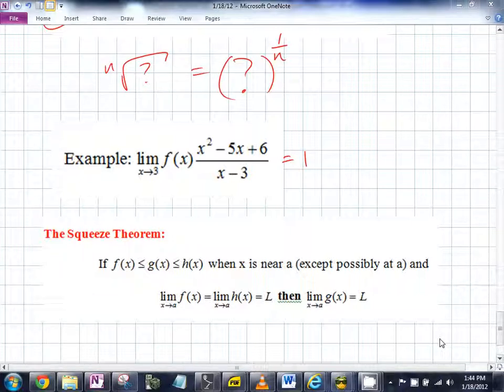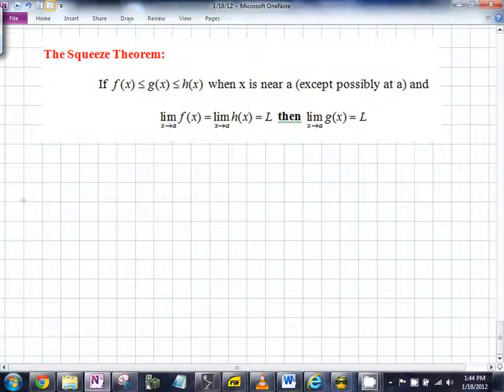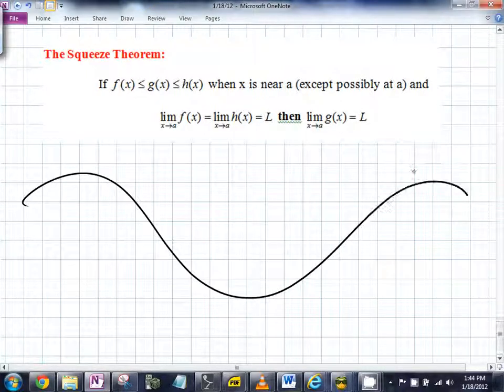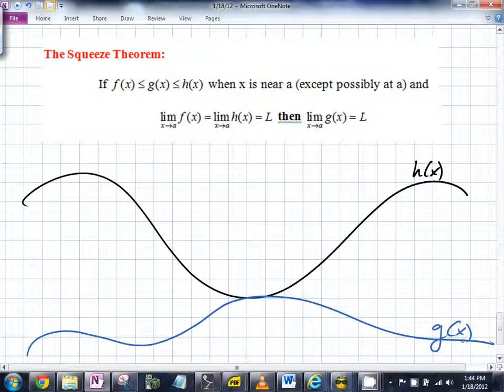So graphically, this is what it looks like. Let's say the ceiling function is h. Here's h of x. Let's say we have our floor function, which is g. Here's g of x. At this x equals a value, we're going to say that this is y equals L. So what's the limit as x goes to a of h of x?